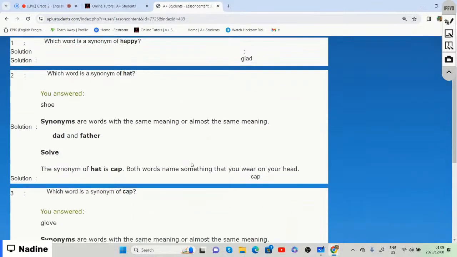So we said synonyms are words with the same meaning, or words with almost the same meaning, right? And we made an example of dad, father, mom, mother.